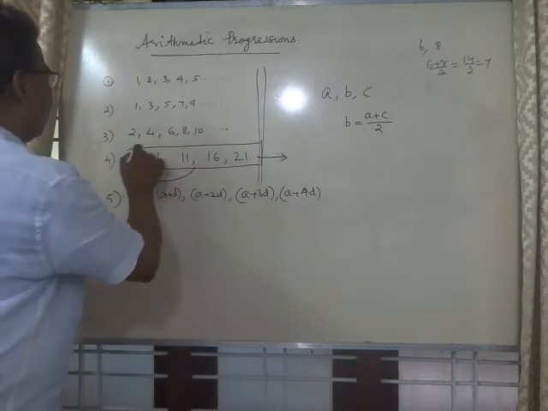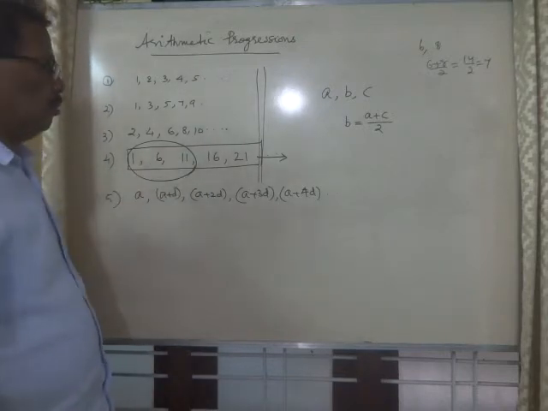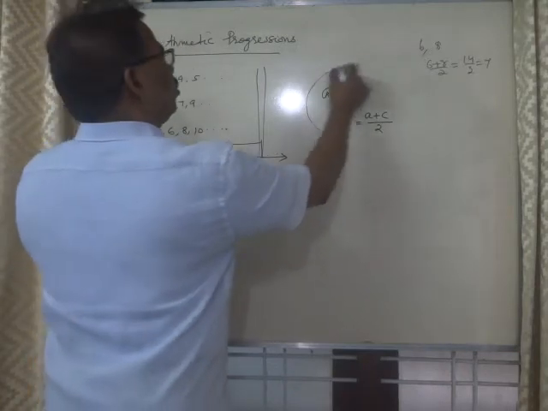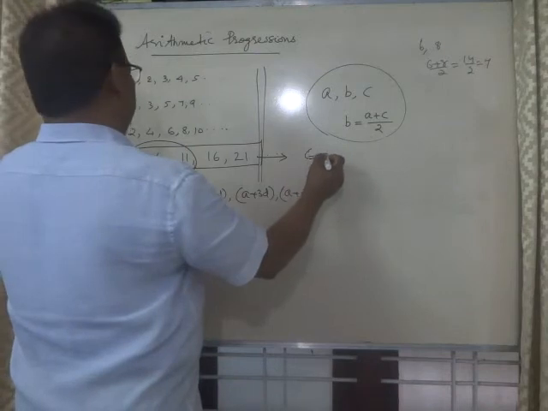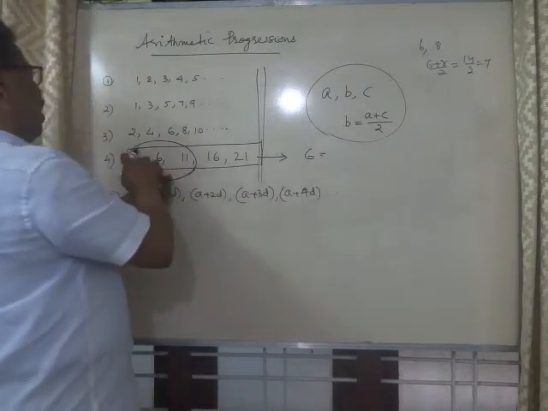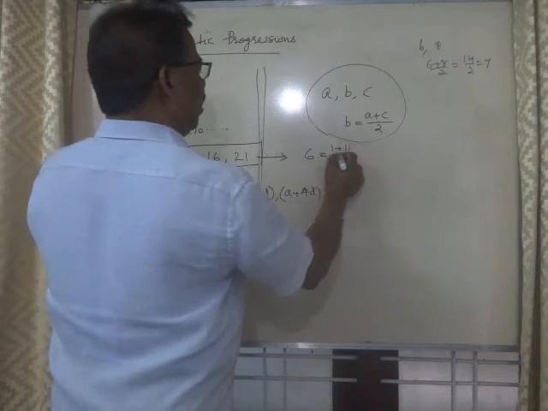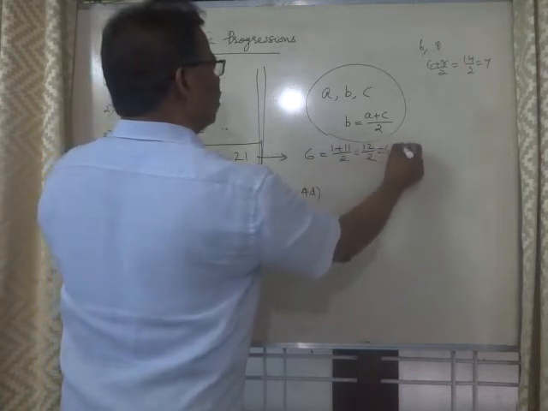Consider the first three terms. See, according to this rule, this 6 must be the arithmetic mean of 1 and 11. What is the arithmetic mean of 1 and 11? 1 plus 11 by 2. That is equal to 12 by 2. That is equal to 6. 6 equals 6. True.